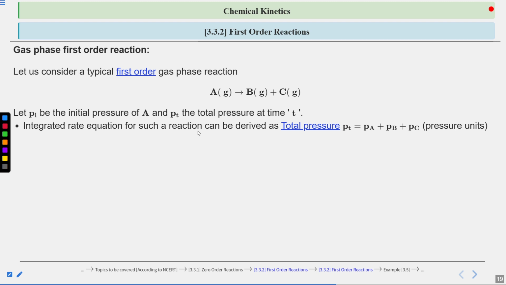The total pressure, Pt, will be equal to Pa plus Pb plus Pc, which are pressure units for the reactant and the products.